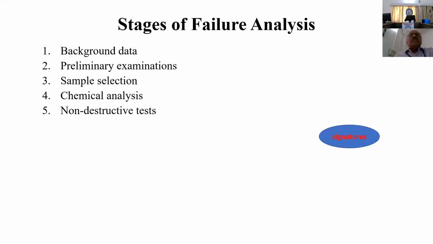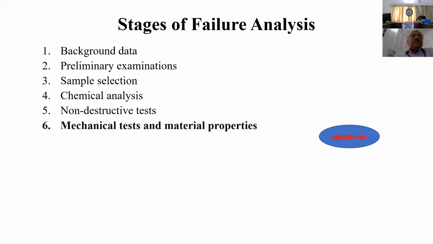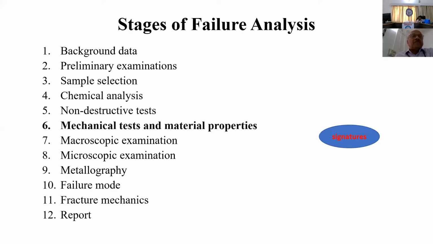So what are the various stages of failure analysis? First, we should get the background data. Then we have to carry out a set of preliminary examinations. We should collect samples and evidences, carry out some chemical analysis, non-destructive tests, and then destructive mechanical tests to determine the material property, that is the property of the service exposed material or the failed material.